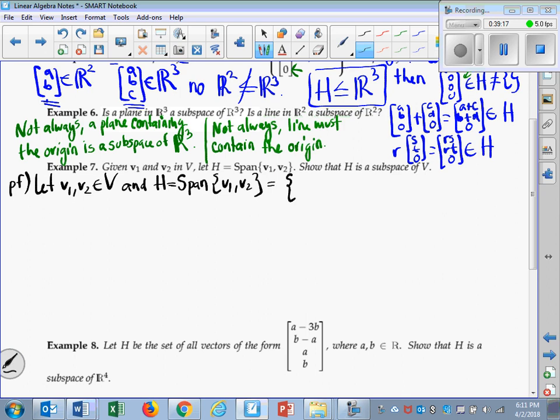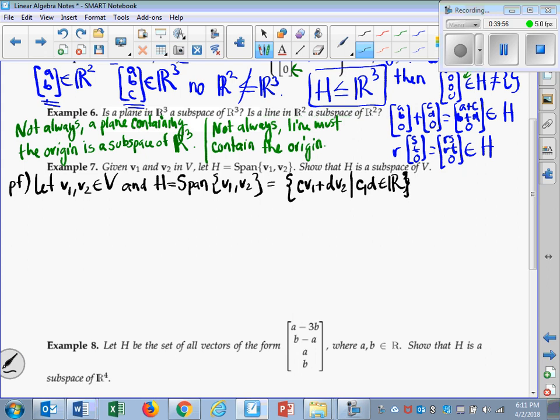The span is really just the collection of c v1 plus d v2, so we're scaling all possible scales of v1 plus all possible scales of v2, where c and d are just real numbers. That's what it means to span. So the span is all possible sums of these two vectors, all possible linear combinations, to use the vocabulary that we have used previously.